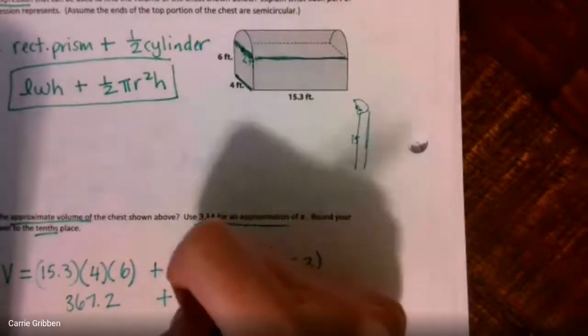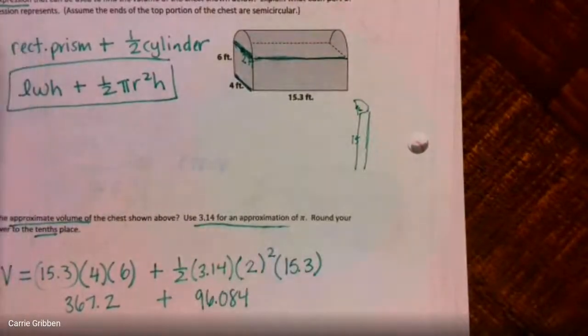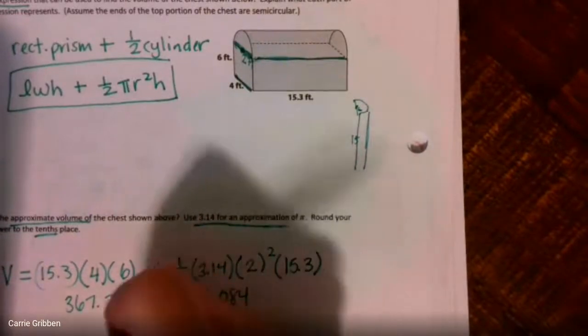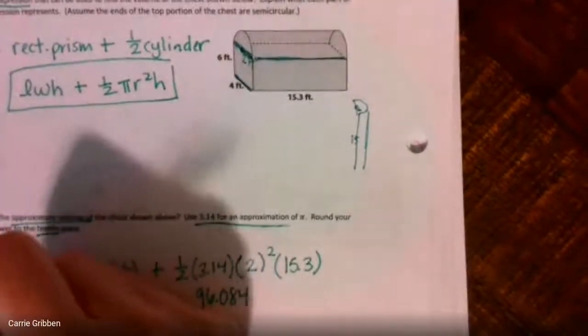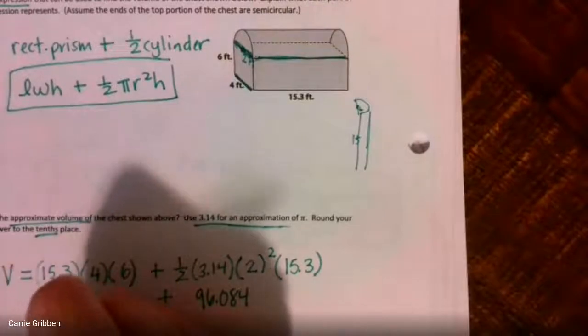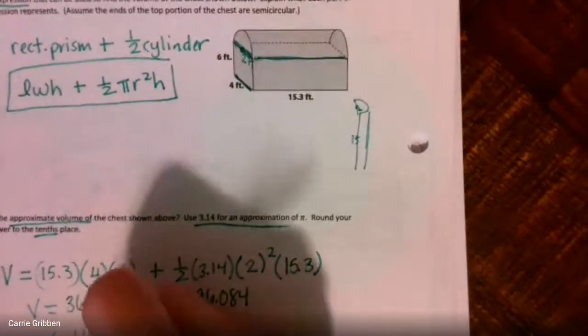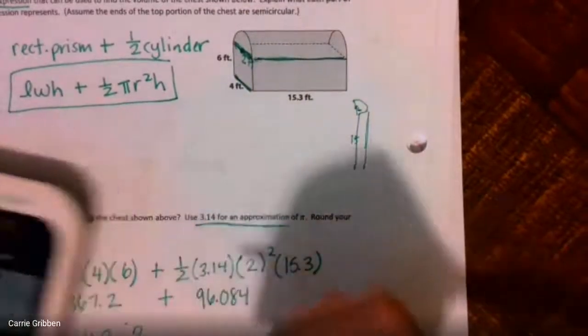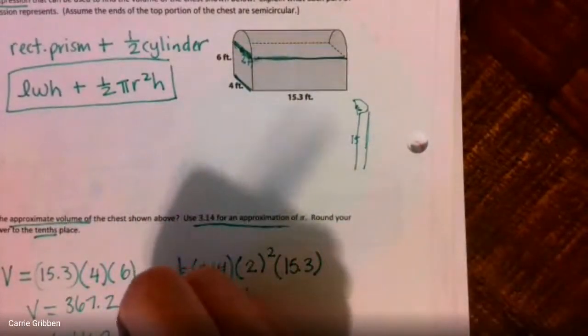That's going to give me 96.084. Going to add those to 367.2, and I get a total answer of the volume being equal to 463. And if I round it to the nearest tenth, it's 0.3 because it was 0.284. So 463.3 in the units would be feet cubed.